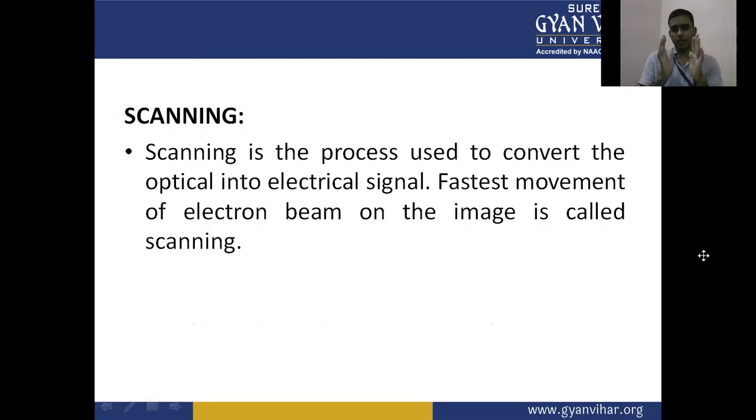Scanning is the process used to convert the optical into an electrical signal. The movement of the electron beam on the image is called scanning. So through this we are able to scan the image.